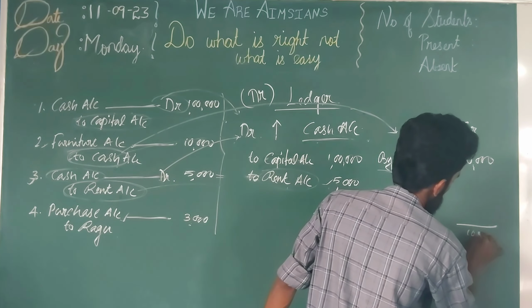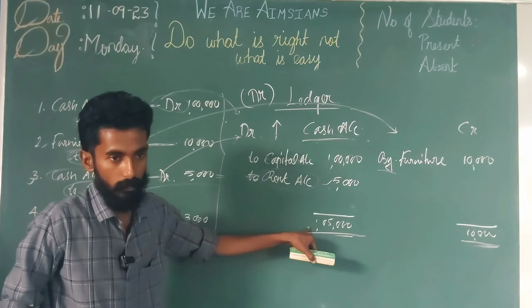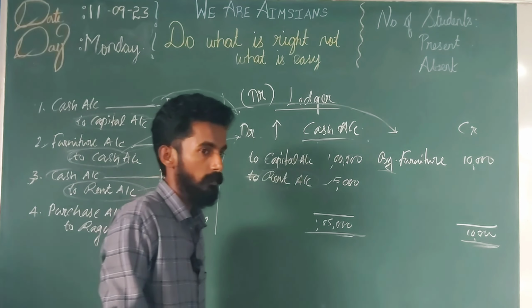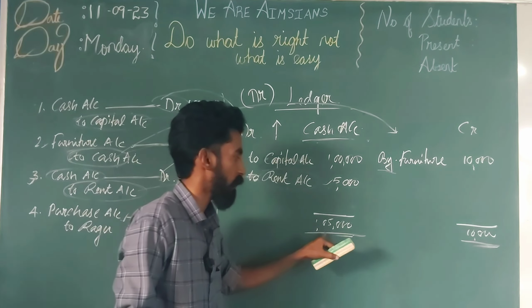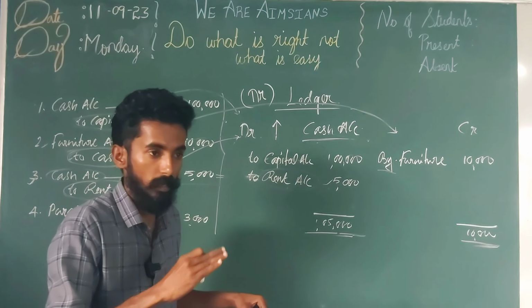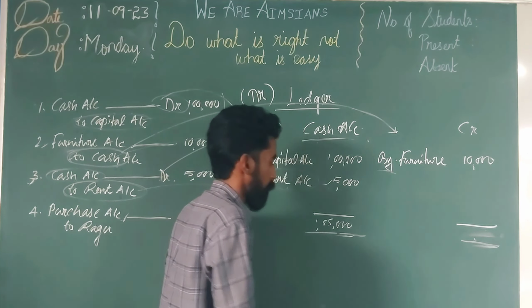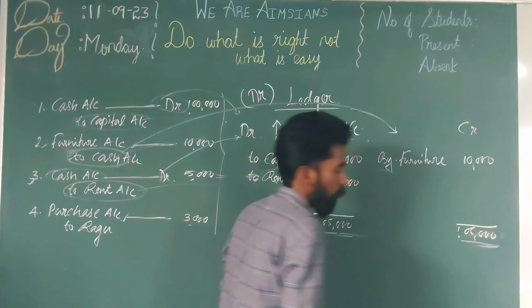Here I am getting 10,000 as the total. So is this way right? No. Where you are getting more balance, that should be the column total. So instead of 10,000, 1,05,000 will be the column total.